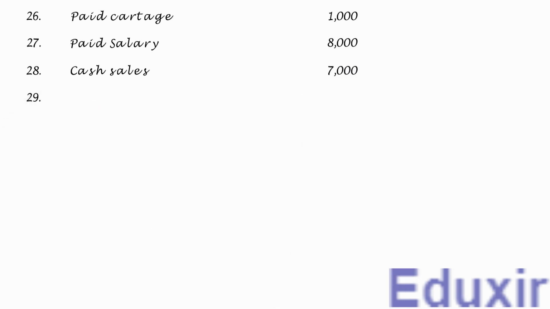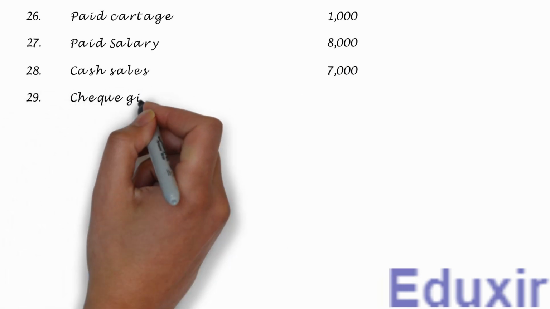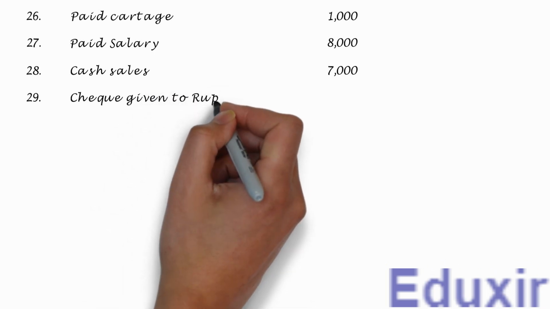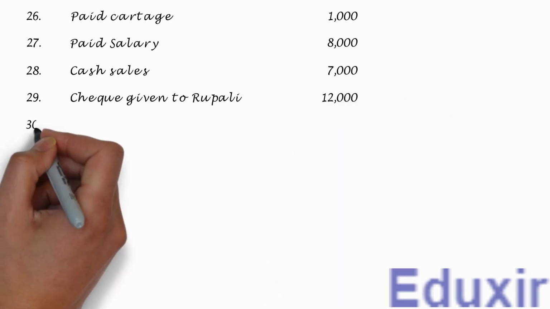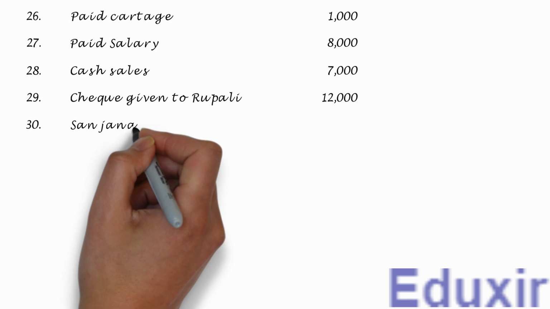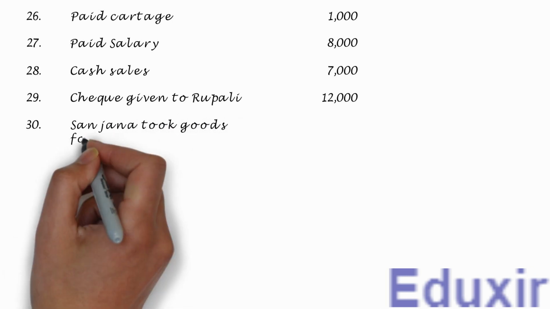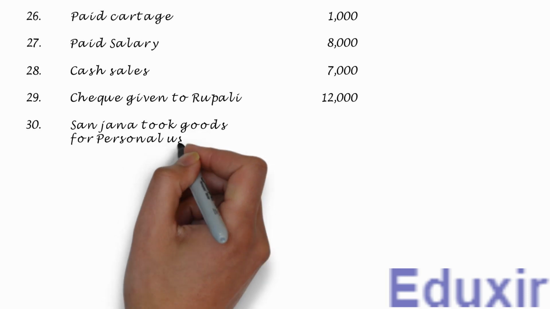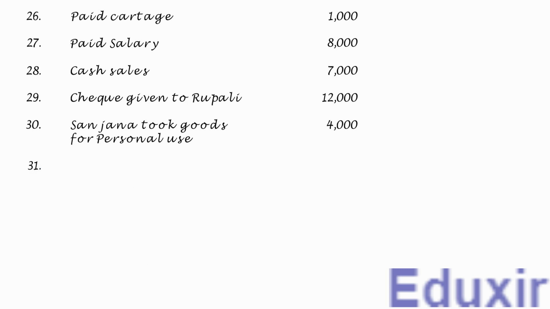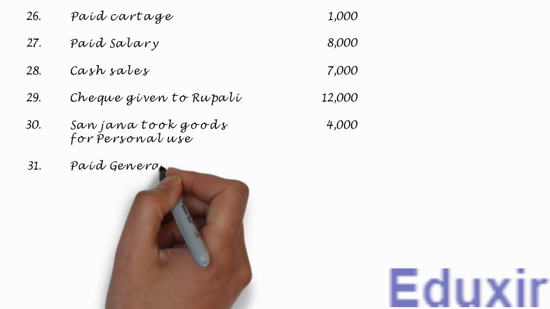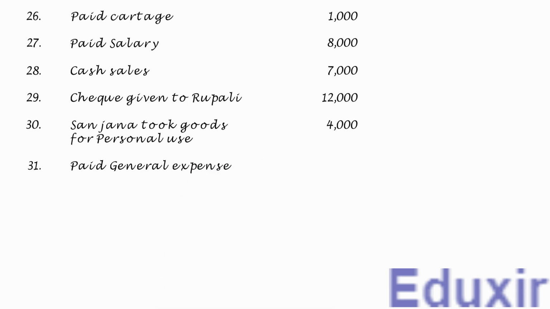On 29th January, check given to Rupali 12,000 rupees. On 30th January, Sanjana took goods for personal use 4,000 rupees. On 31st January, paid general expense 500 rupees. Before we proceed with analyzing the transactions, let us recap the rules for journalizing the transactions.